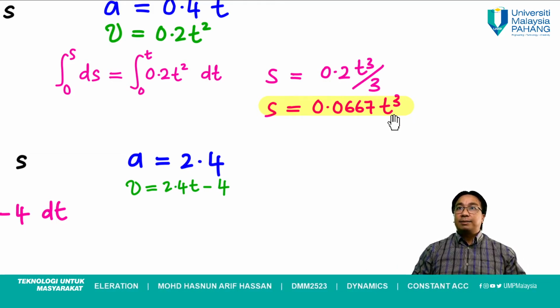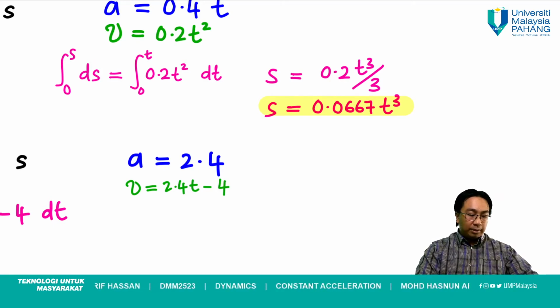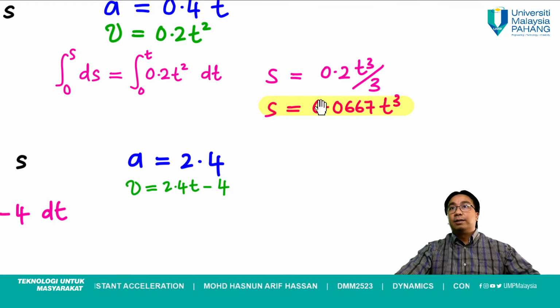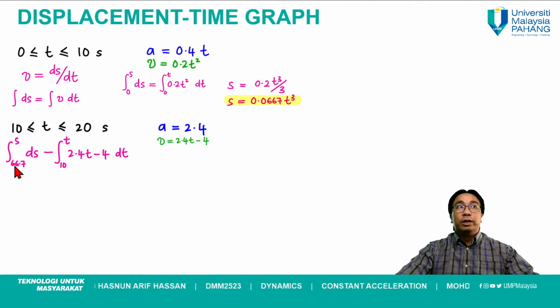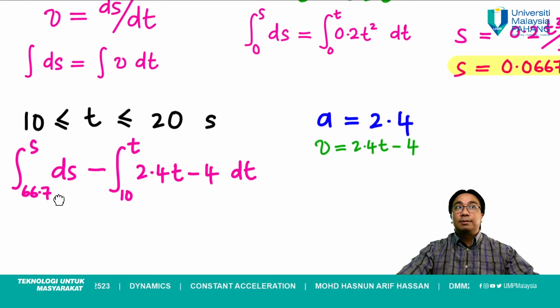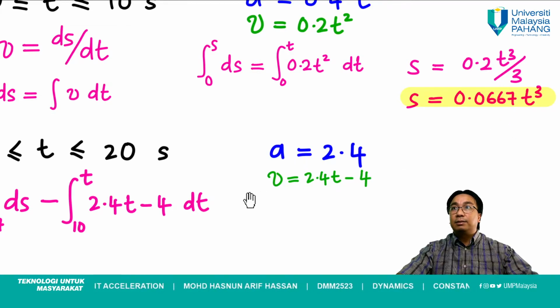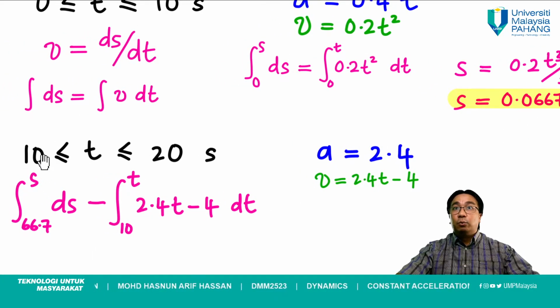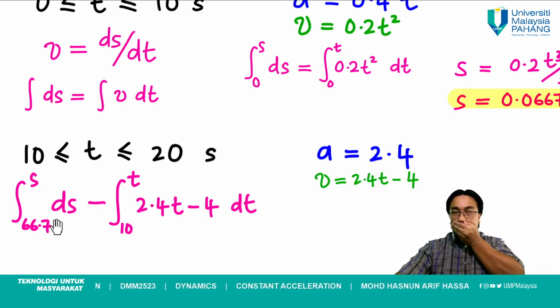Okay, you akan dapat S equals to 10 to the power of 3 multiply with 0.0667, you will get 66.7. So, itu datangnya 66.7 lower limit ni. Kita gantikan T ni kepada 10, which is the lower limit untuk fasa ini.